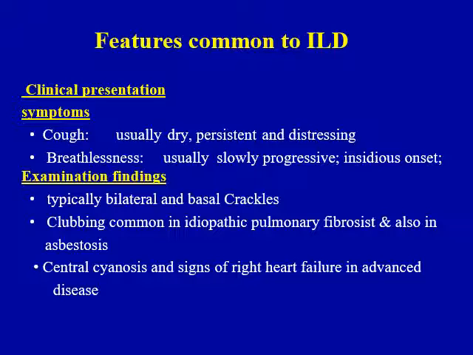In some cases, there is clubbing of the fingers, which is common in idiopathic pulmonary fibrosis and also seen in asbestosis. Central cyanosis, tachycardia, tachypnea, and signs of right-sided heart failure appear in advanced disease.